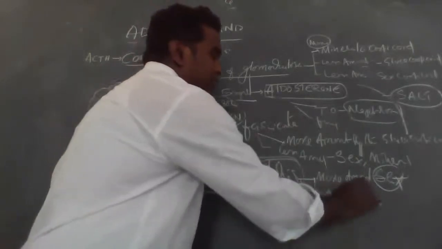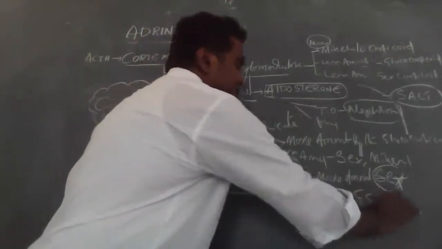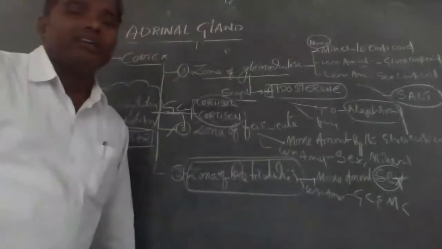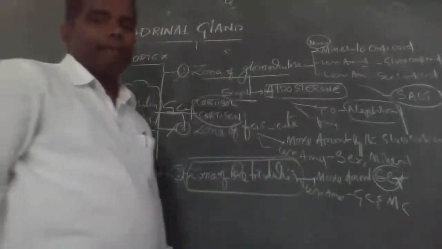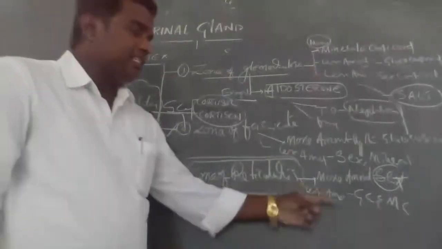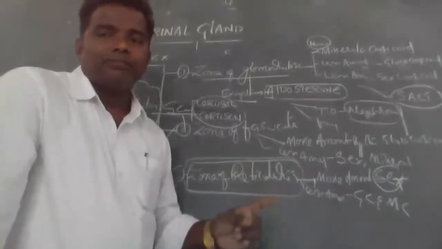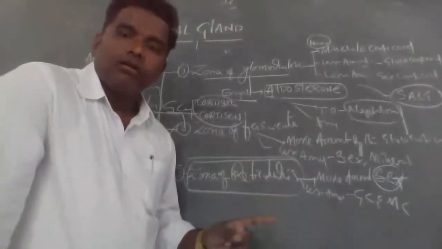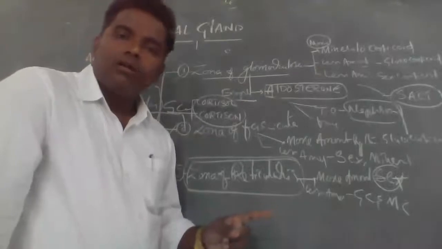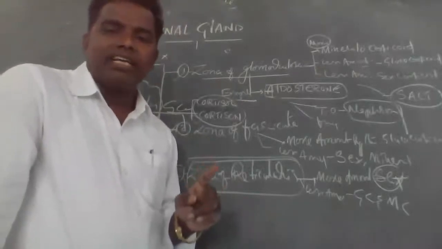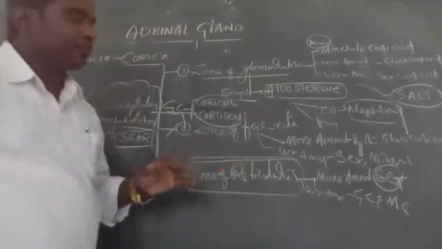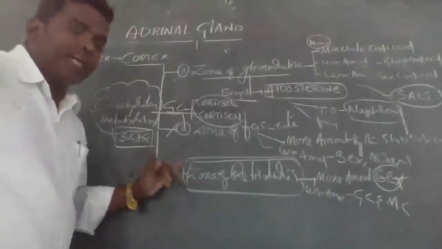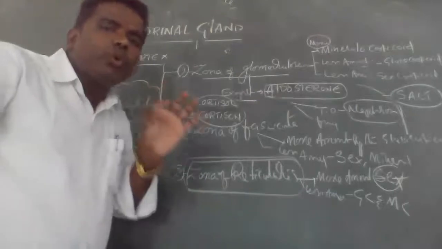SC means sex corticoids. Very important thing. And it secretes less amount of GC and MC.